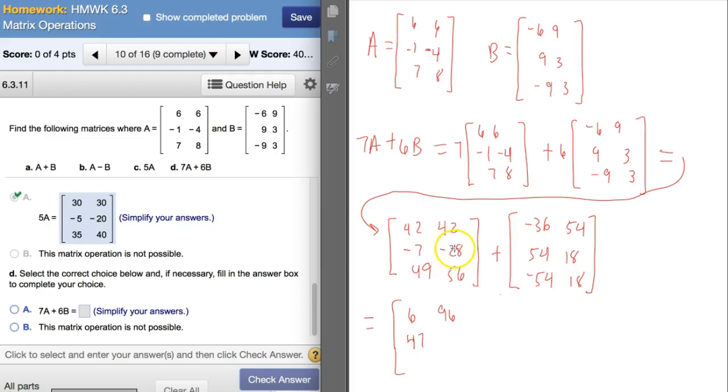And a negative 28 plus 18 going to give us a positive 10. 49 plus a negative 54 is like 49 minus 54, which that should give us a negative 5. And 56 plus 18 should give us a positive 74.